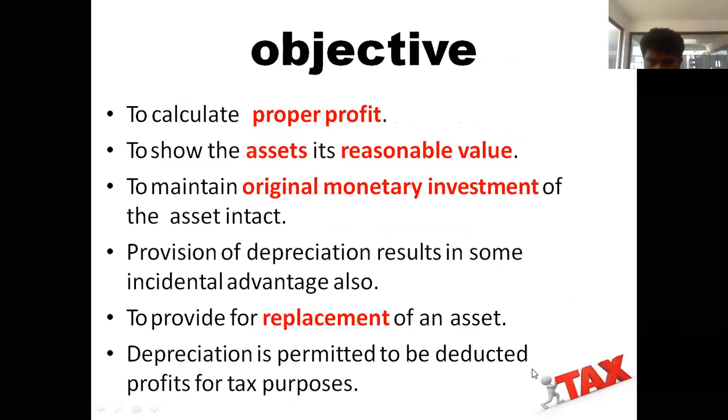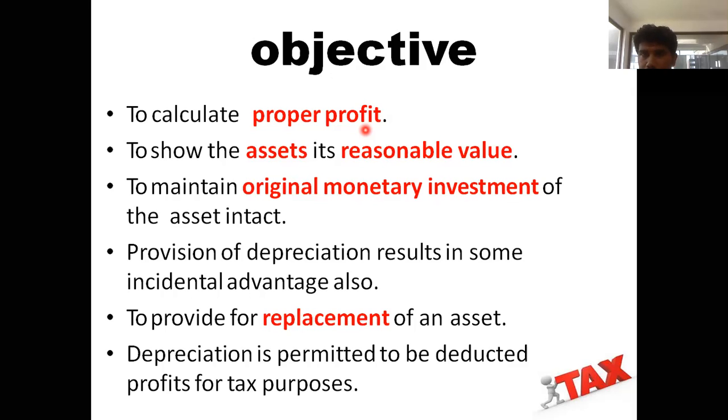So what is the objective? The objective is to calculate the proper profit. Why do we go for depreciation? In order to calculate the proper profit, and to show the assets we have at their reasonable value.